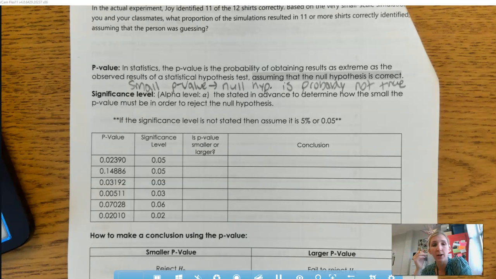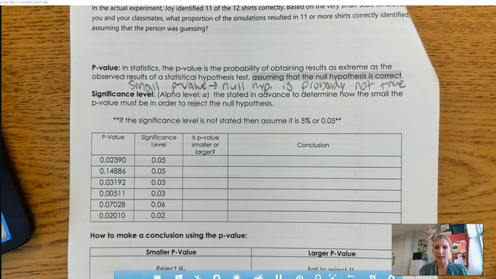But for now, I want you to get used to the idea of analyzing a p-value and comparing it to a significance level. When I say a small p-value, you're thinking, okay, how small is small? I could think one number is small, and you could think another number is small, and they could be totally different.